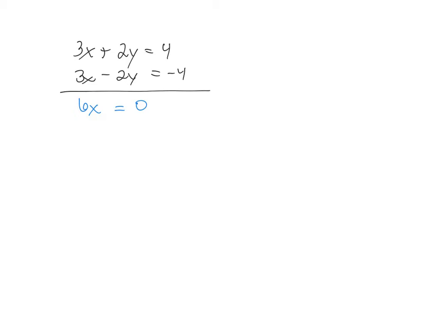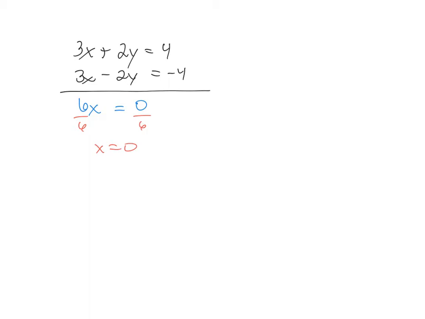Now the 0 is fine. Don't worry about it, some people think we messed up because it's a 0. No, just the x part of the problem is 0. Okay, so then the fourth step is to plug 0 back into either of the two equations on the top.